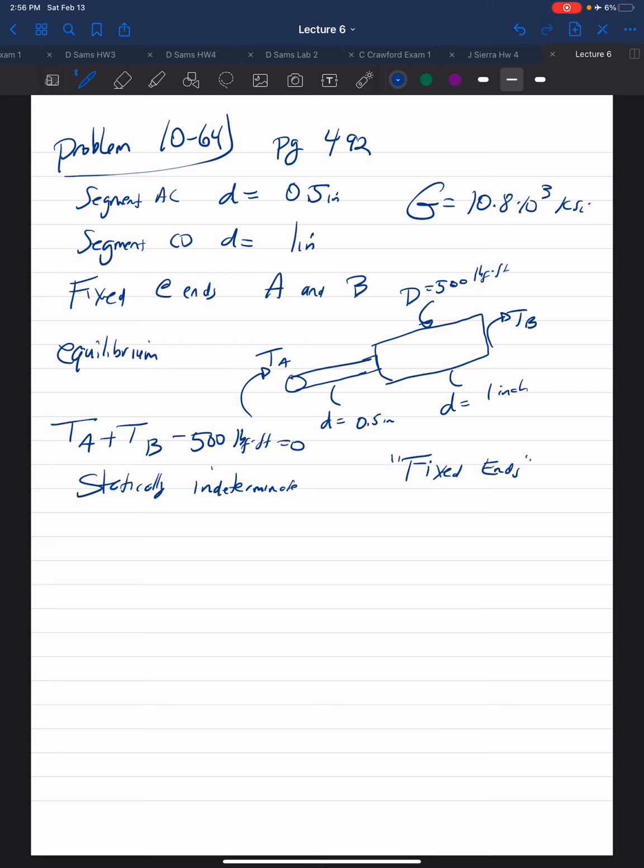So we can do a compatibility condition that the angle of twist of D with respect to A is equal to the angle of twist of D with respect to B. Go to a fresh page. This is due to being fixed ends.